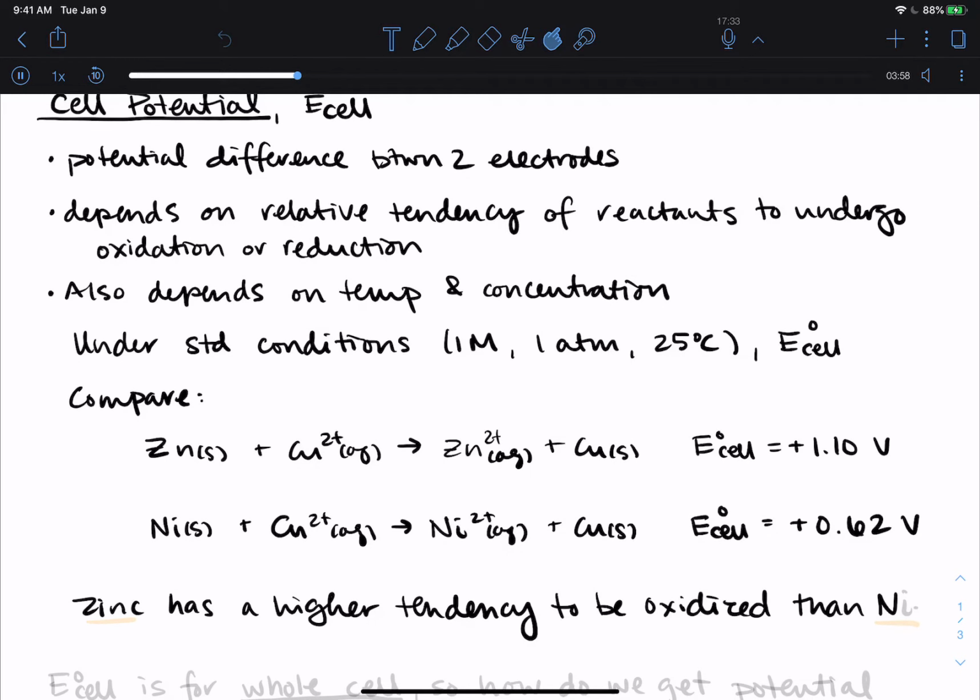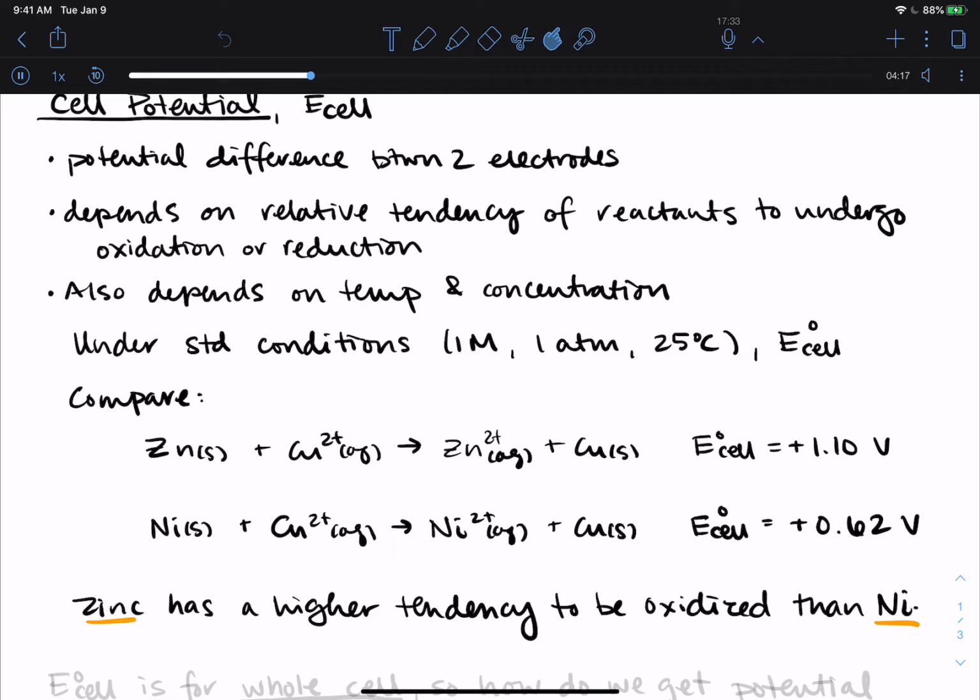We never put zinc and nickel together in the same reaction, but by looking at how each of them reacts with copper, we can get some information about their tendency to be oxidized.